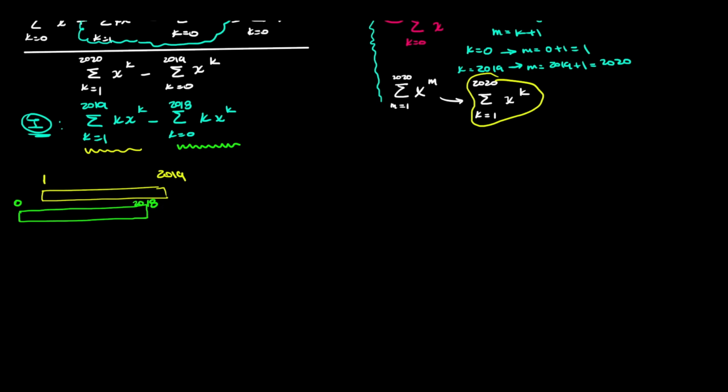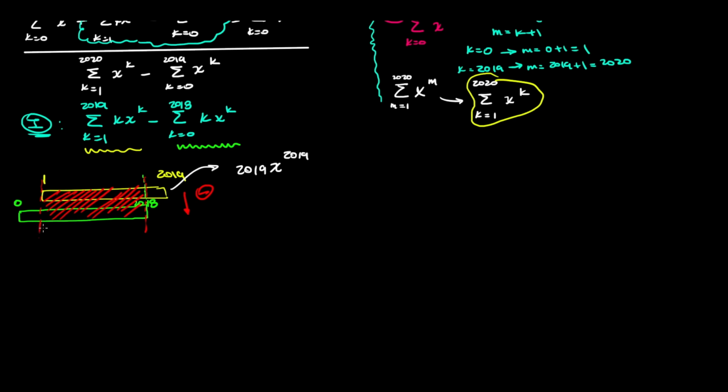As you can see, we're subtracting the same terms on these areas, so we cancel these terms out because we have common terms here. Basically we're getting just the last term for the first sigma notation, which is 2019 x to the 2019.